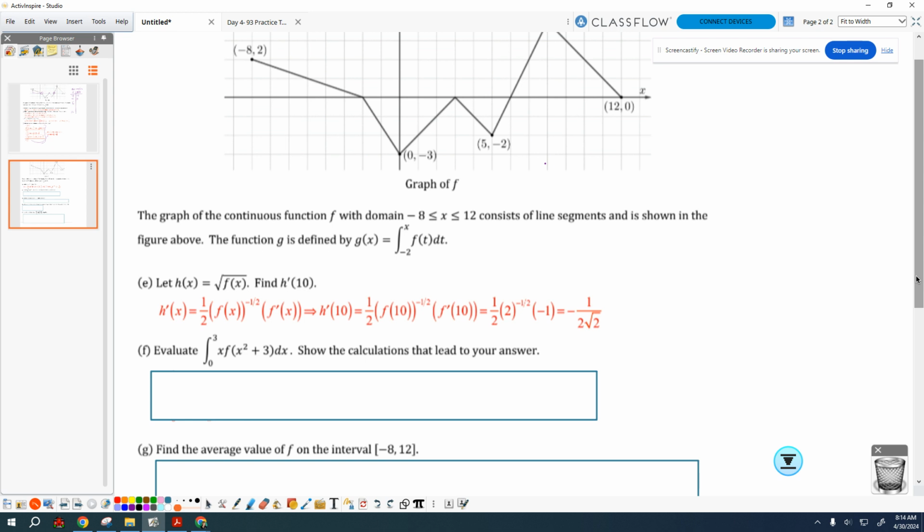You don't need the left hand for the y-axis. How do we start F?